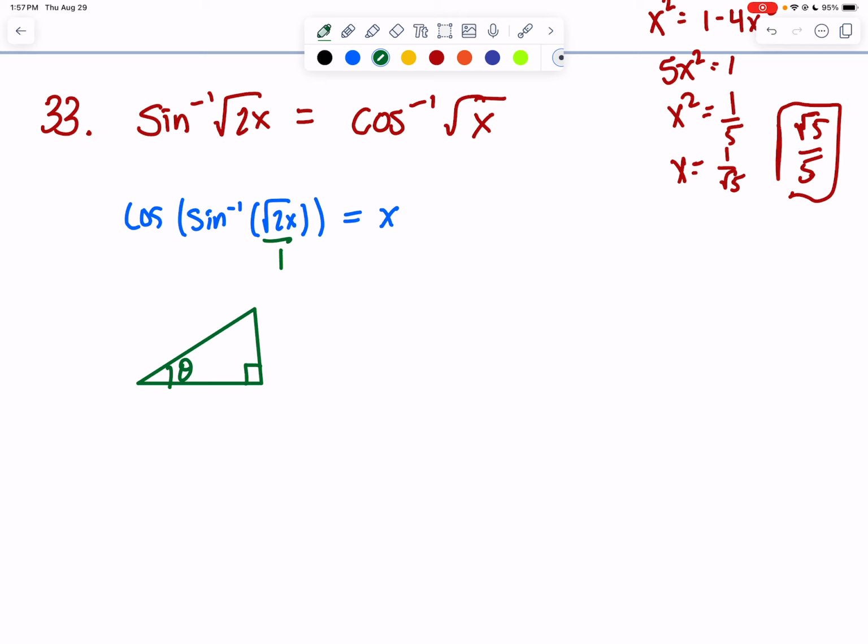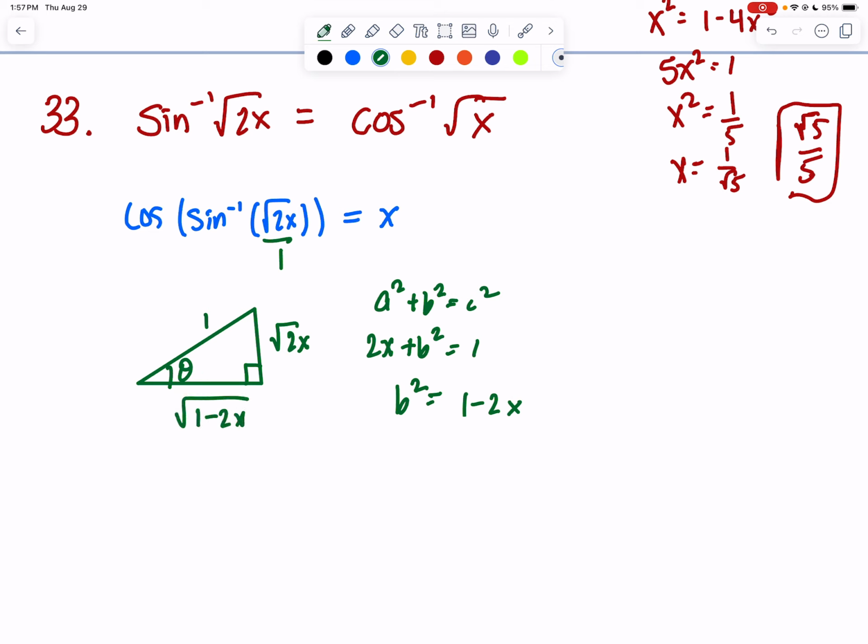So sine is going to be your opposite over hypotenuse. So thinking about your a squared plus b squared is equal to c squared, I'm going to have 2x plus b squared is equal to 1. B squared is equal to 1 minus 2x. And then if I take the radical, that's going to be the square root of 1 minus 2x. And then to find the cosine of my triangle here, cosine is adjacent over hypotenuse.